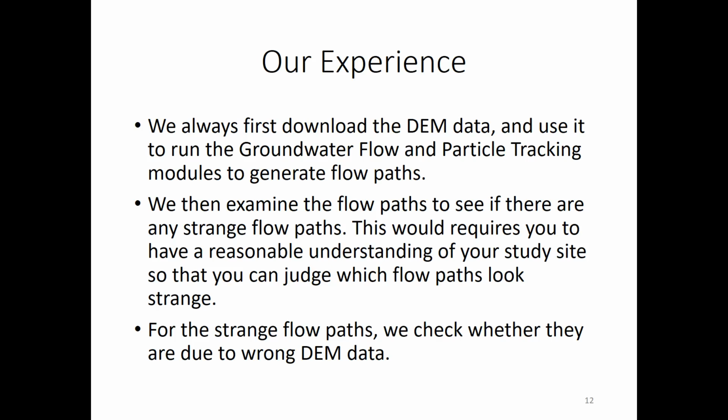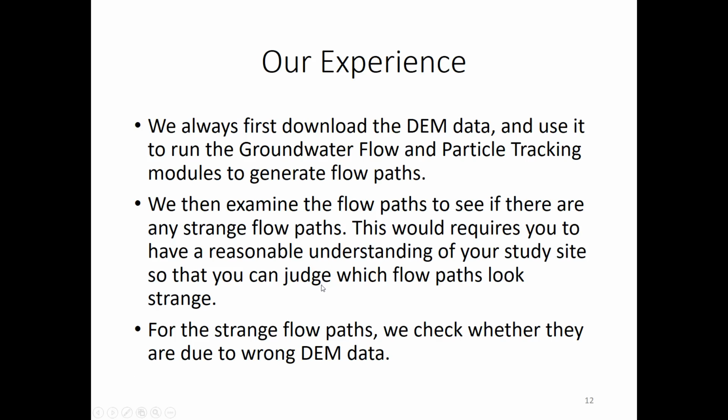Then we examine the flow paths to see if there are any strange ones. This requires you to have a reasonable understanding of your study site so that you can judge which flow paths look strange. For those areas with strange flow paths, you need to check whether they are due to a wrong DEM, and sometimes they are due to a wrong or inappropriate water body file. This is normally what we do.